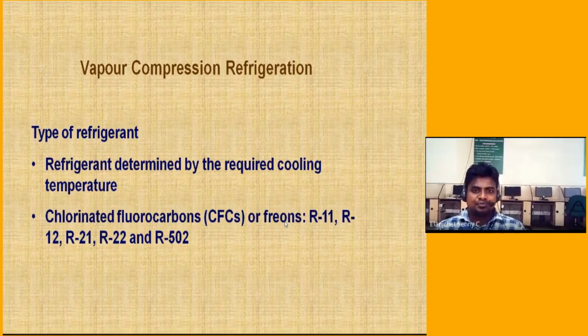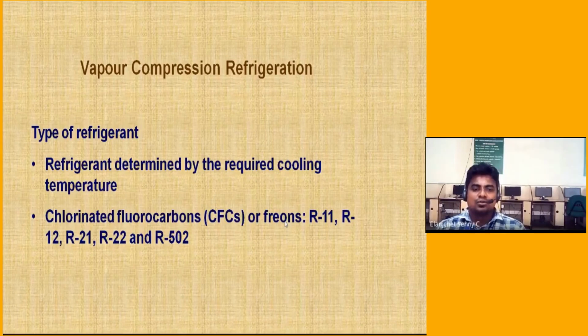Now let us see the different types of refrigerants, the refrigerant that is used in a vapor compression cycle. The type of refrigerant is determined by the required cooling temperature. Whatever cooling temperature you want to acquire, according to that requirement you have to choose your refrigerant.